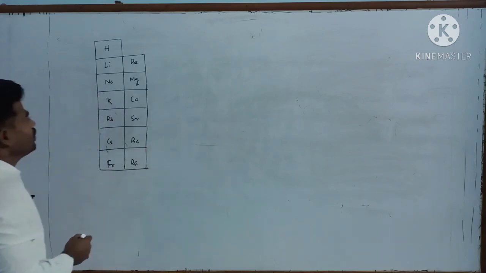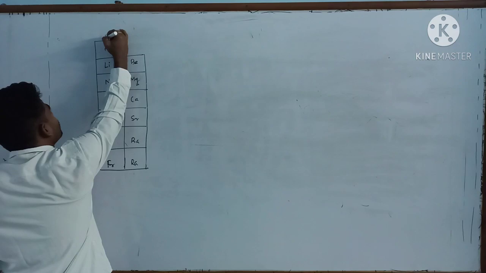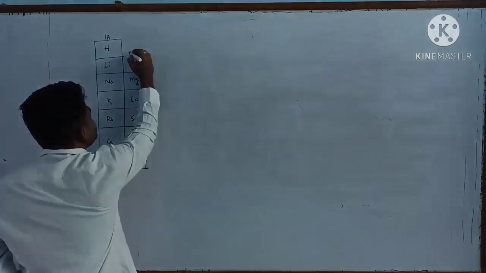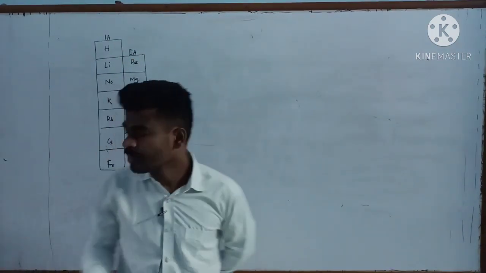You see, so this one is group first. If I represent it, it will be 1A according to Mendeleev's. So this one is 2A.